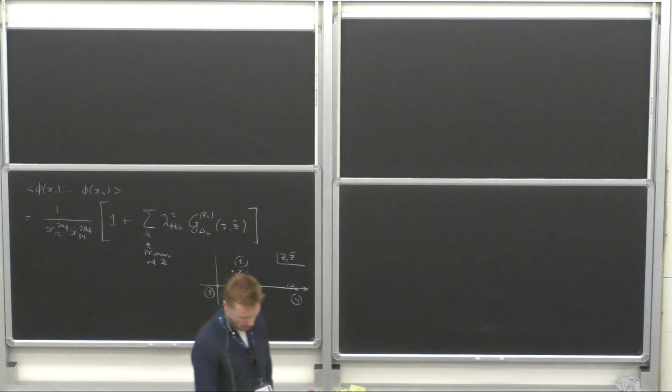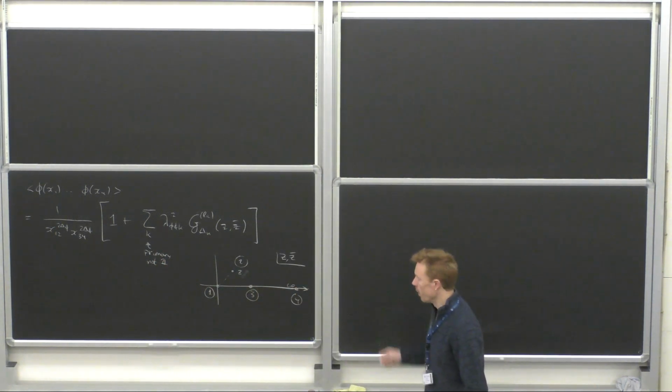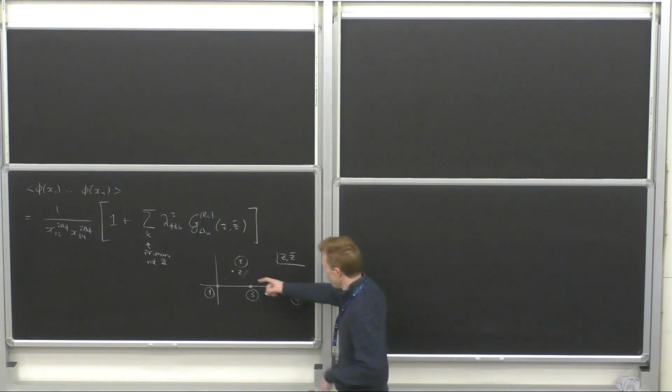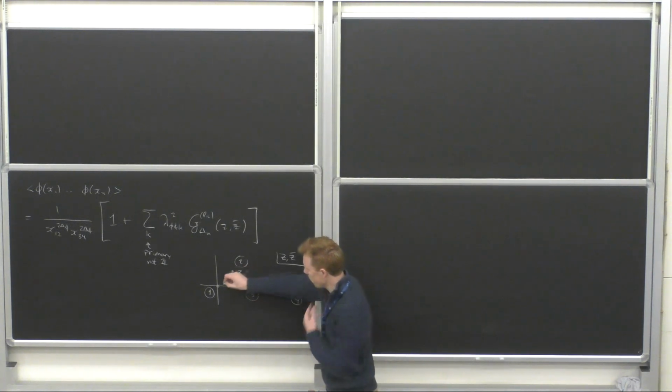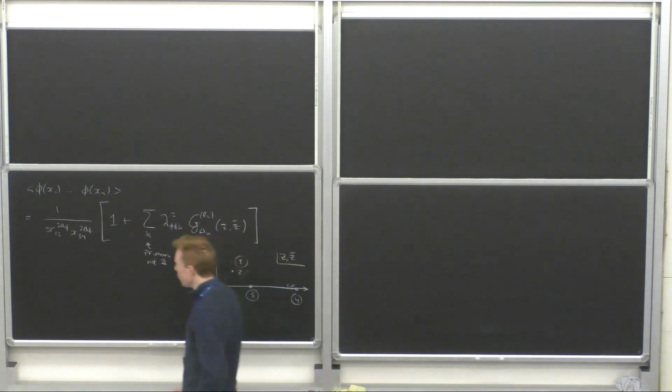So this was the picture, and it is just to remind you what the different limits are. z2 to 0 is the 1, 2 OPE limit. z2 to 1 is the 2, 3 OPE limit.